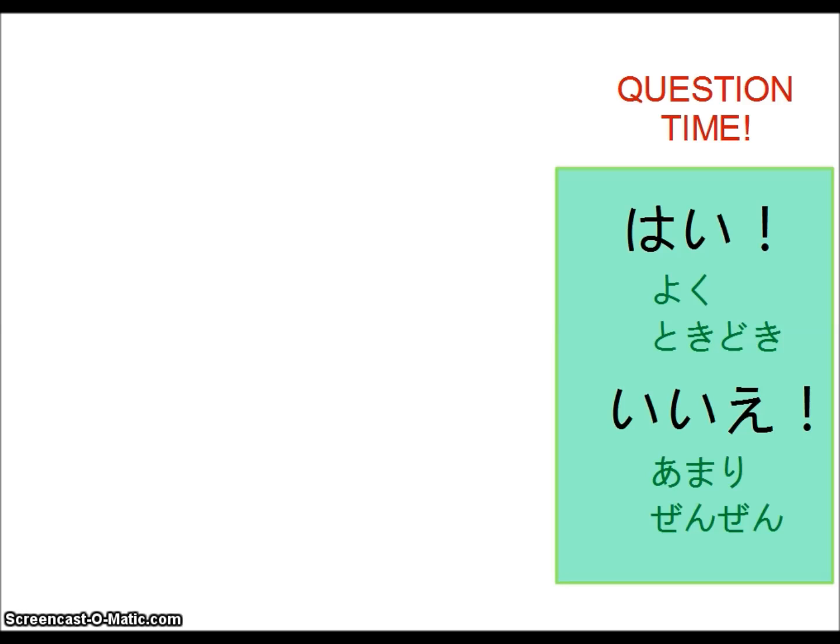So remember, the ones under the はい category use the positive form of the verb, and the ones under the いいえ category use the negative form of the verb. So I will ask the question, then give a pause for you to try to answer yourself, but then I will answer the question the way I would do it, just so you can see an example. But try to do this on your own, because in lesson 3, this will be as part of the review.